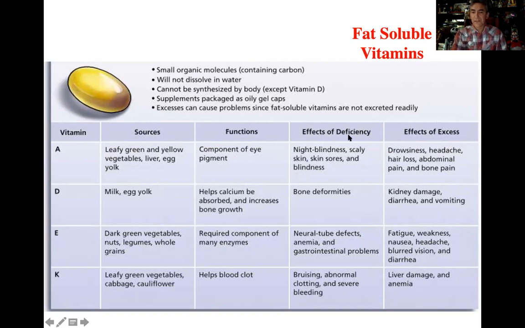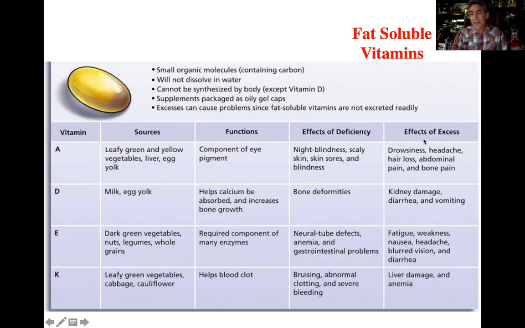So, effects of deficiency. We'll go through these quickly: scaly skin, skin sores, blindness, not good. Bone deformities, not good. Gastrointestinal problems, not good. Neural tube defects, birth defects, not good. Bleeding, not good. All of these are bad things that happen when we don't have enough of the fat-soluble vitamins.